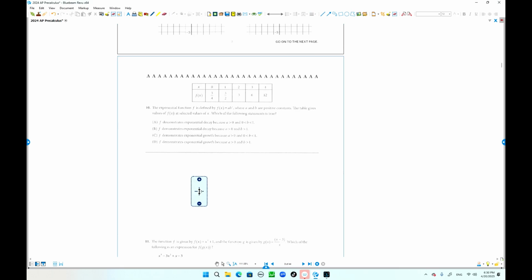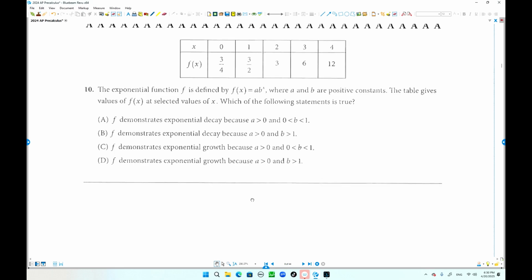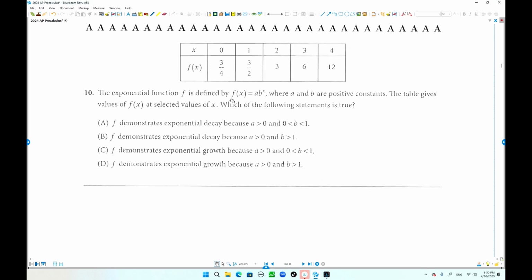Number 10. It defined that it is an exponential function already. Okay. Which of the following statements is true? When you calculate the value of y as x is increased by 1, the value of y is increased, not decay, right?